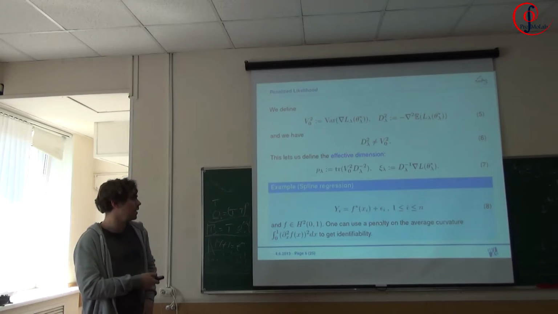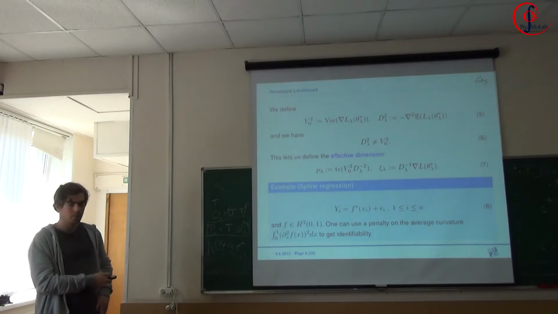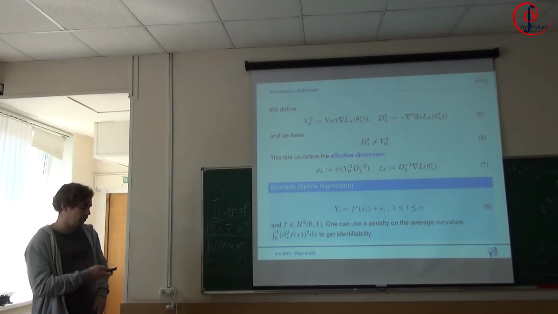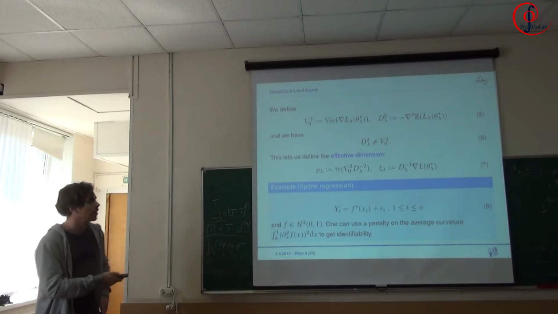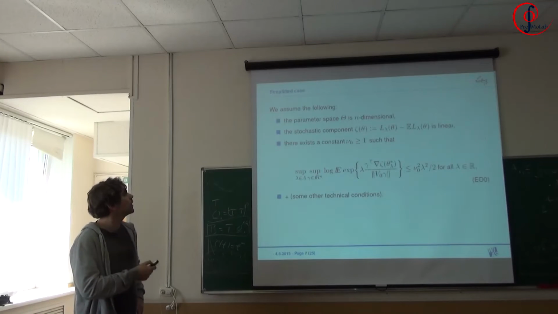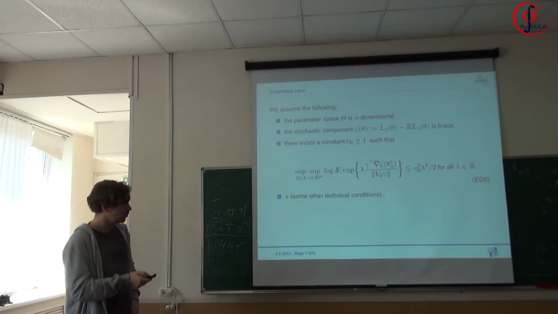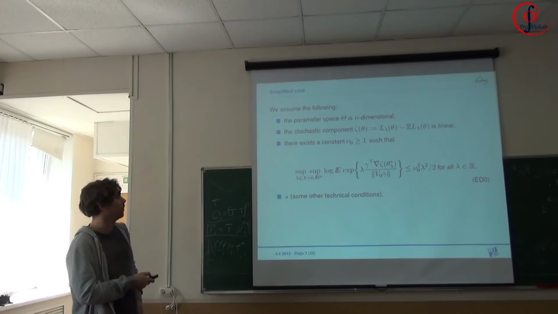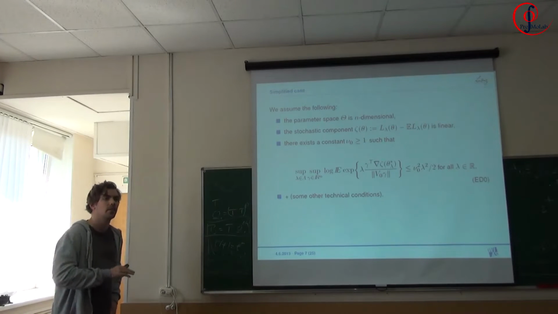So we add a penalty on the average curvature, for example, with a second derivative to get identifiability, and then one can even show that we reduce the problem to an n-dimensional subspace. And I'm going to consider cases now where we assume that the parameter space Theta is n-dimensional, and I'm going to simplify our setting a bit more in comparison to Andreas' general setup.